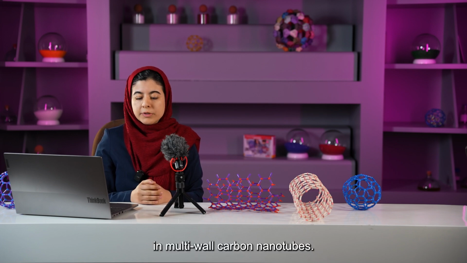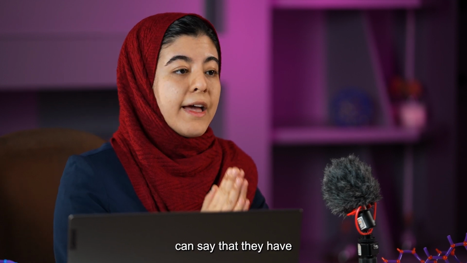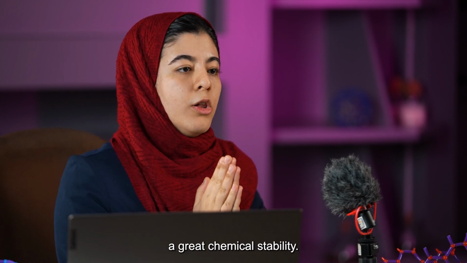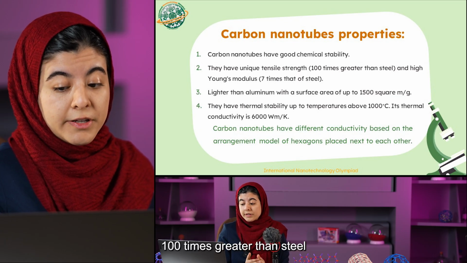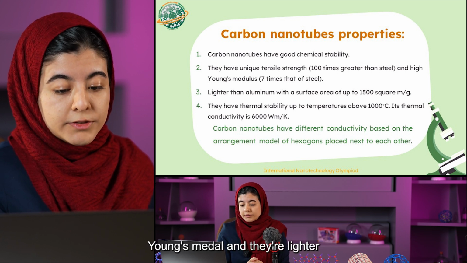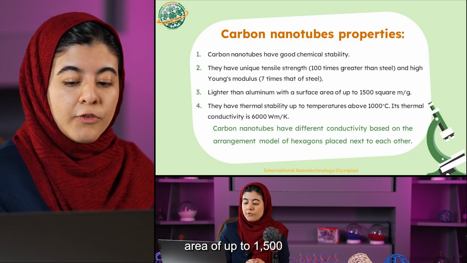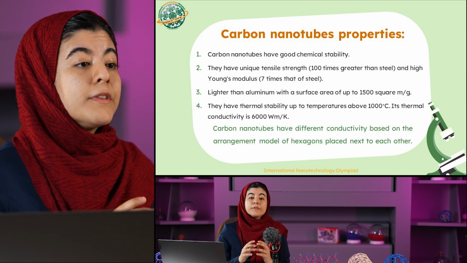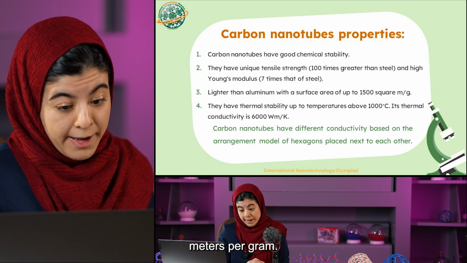So at least we have 0.38 nanometers of distance between the carbon nanotubes in multi-wall carbon nanotubes. And about their properties, we can say that they have great chemical stability. They have unique tensile strength, 100 times greater than steel, and high Young's modulus. And they are lighter than aluminum with a surface area of up to 1,500 square meters per gram.